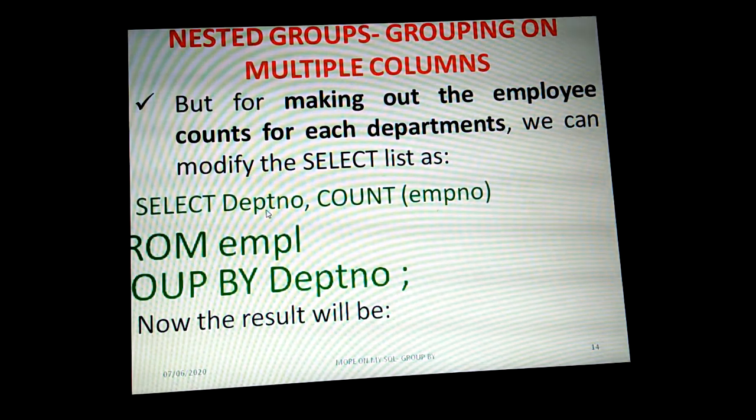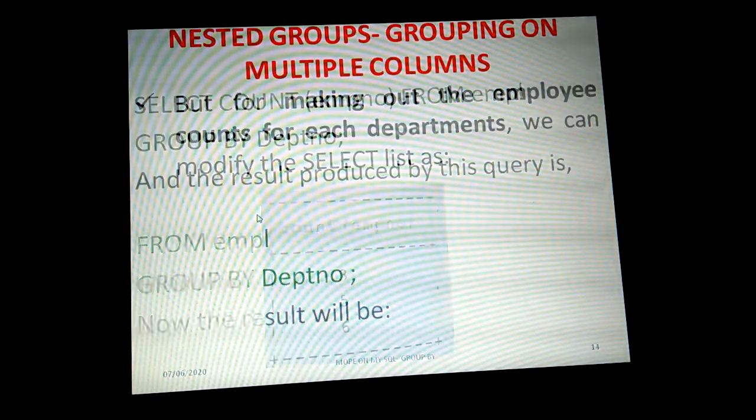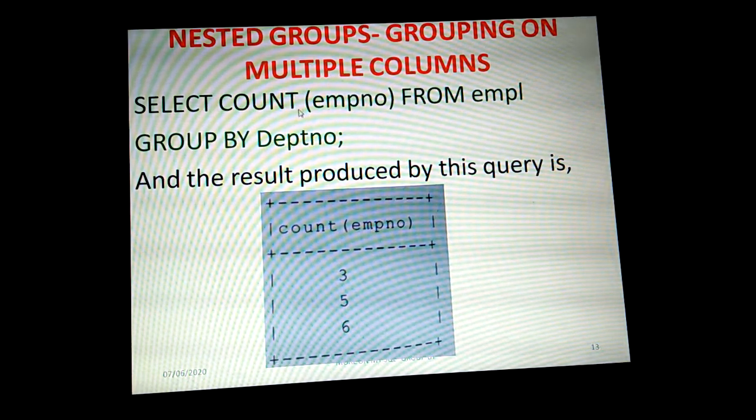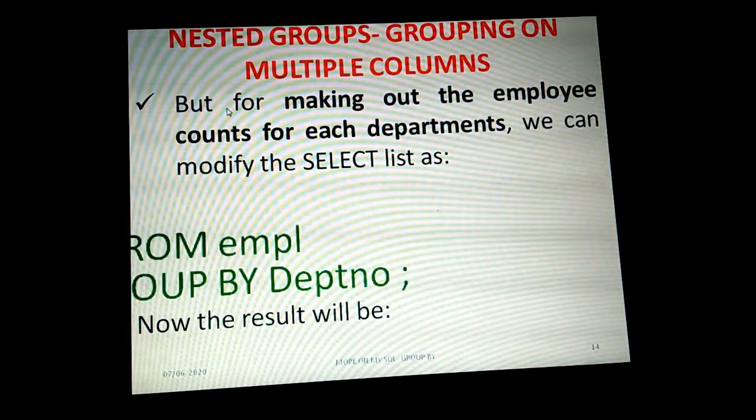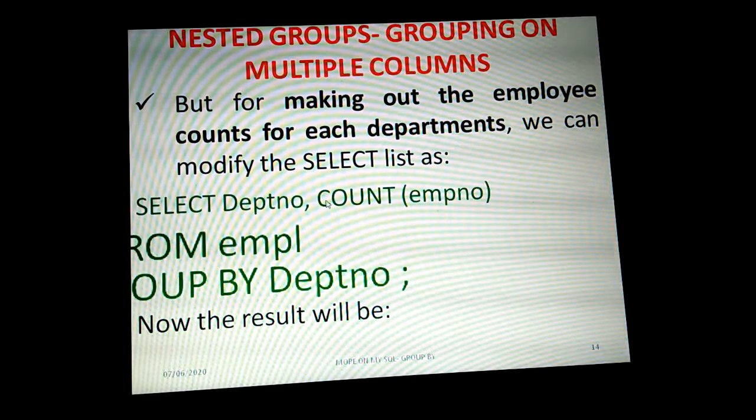We need to count the employee counts based on the department number, so for that we are writing this. We have slightly changed the select statement by including this DEPT number. In the previous example we didn't have the department number as a first field, but here we are making slight changes in the select statement. That is: select DEPT number, comma, count of the employee number, from EMPL, group by department number.